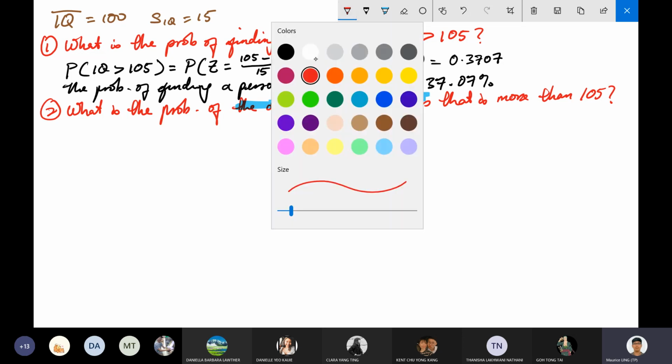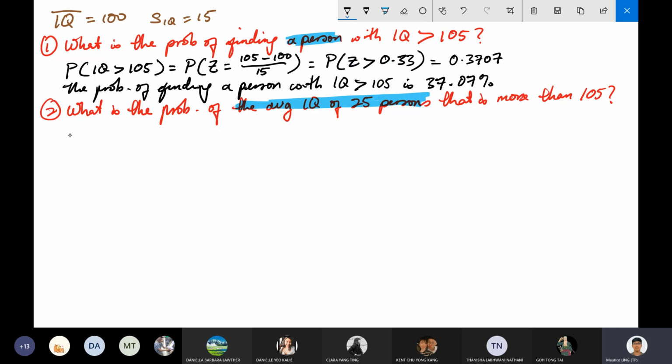So how do you calculate it? You have the average IQ now is more than 105.